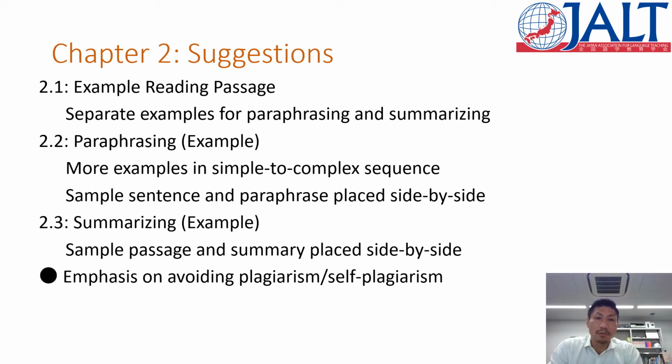In terms of the reading passage section, the teachers wanted to have separate examples and separate passages for paraphrasing and summarizing because the current version has only one passage for both paraphrasing and summarizing, which could confuse students in terms of the difference between paraphrasing and summarizing.